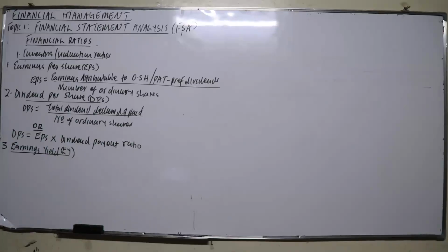Number three is the earnings yield. This ratio indicates the percentage of return for every amount invested in the company.